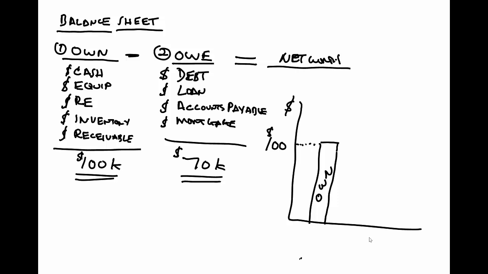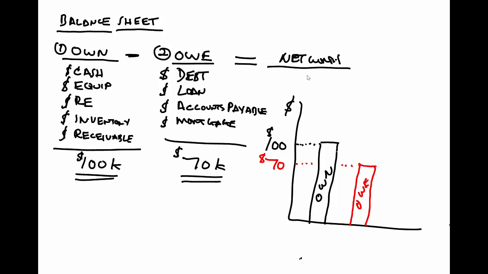Okay, now I'm going to draw another chart that's going to represent what we owe. Let me switch colors for that. I think I'll choose red. And here I'm going to draw another bar. And this one is what we owe. And what we owe, if we were to carry that across, in this example is $70,000. All right, well, where is our net worth?